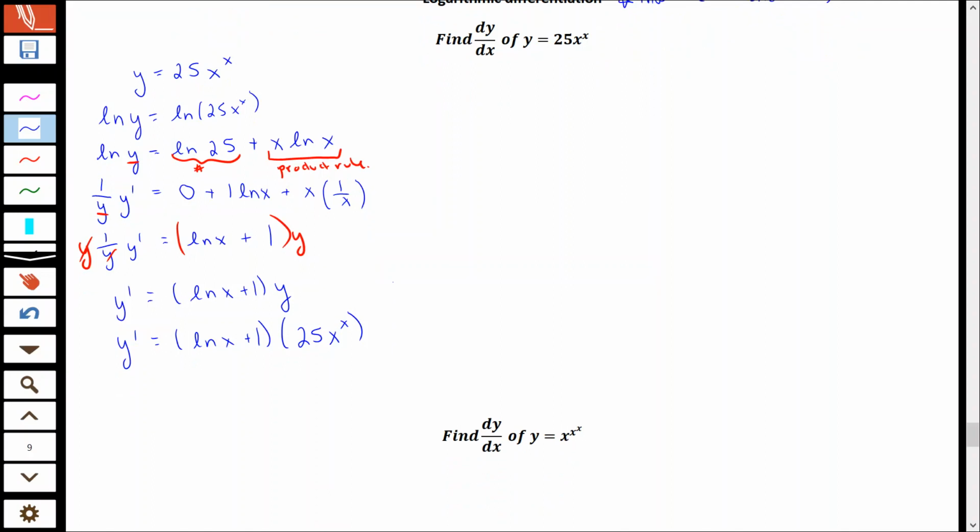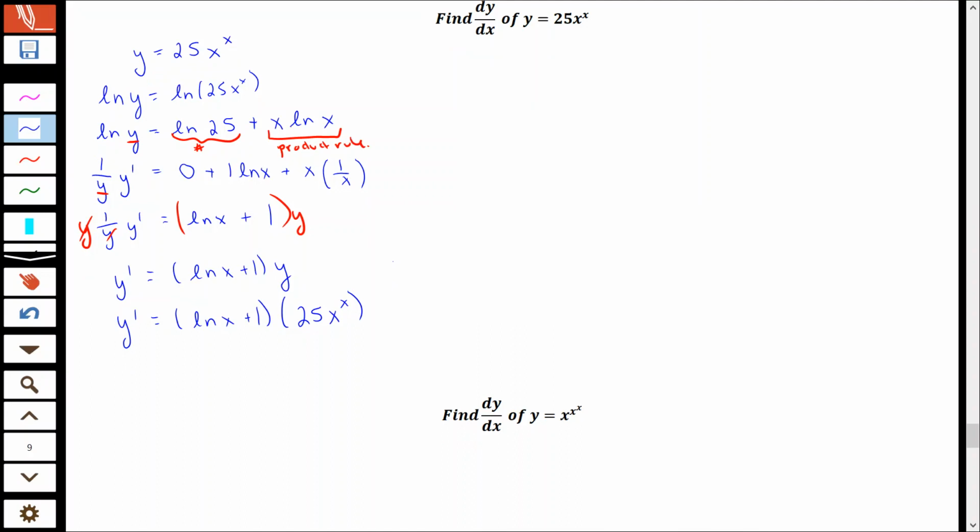Now, one of the exam style questions they like to ask, it's not guaranteed, but it's on a lot of exams. y is equal to x to the x to the x. So this isn't just one base and an exponent, but this is a double exponent.